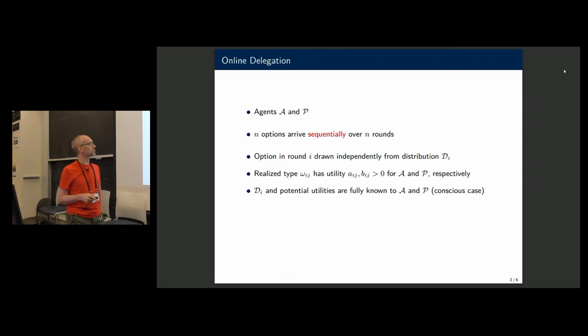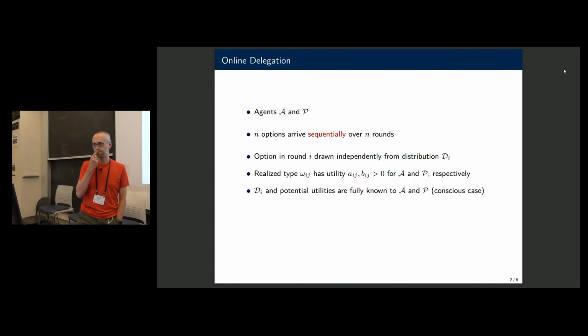Based on the option that's drawn, both agents have a utility. So a_ij is the utility for the agent. The utility for the principal is not p_ij, for obvious reasons, because that's a probability. So b_ij is the utility for the principal. And these parameters are common knowledge, so they're fully known to A and P in advance.